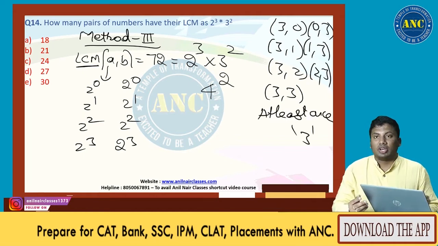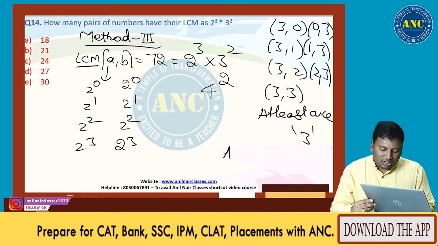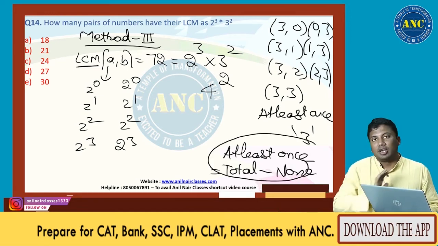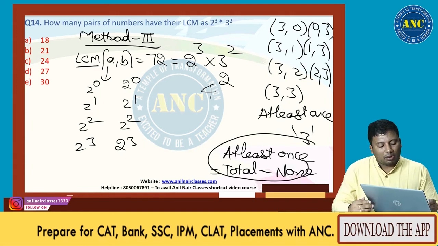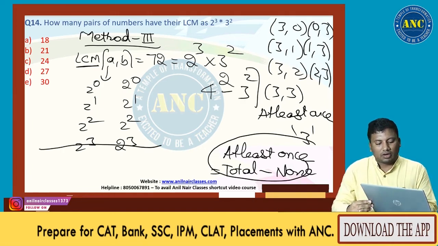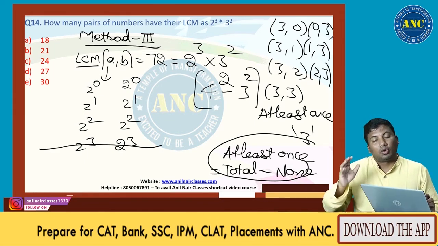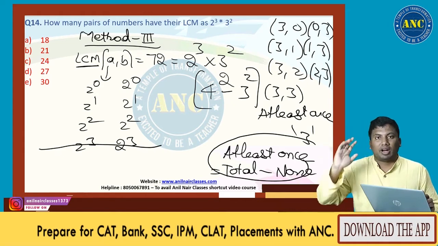At least once is nothing but total minus none. None means power 3 should not be taken. If I don't take 3, it is 3 into 3, 3 square. So 4 square minus 3 square, 16 minus 9 is 7. Total, all the powers of 2, minus do not take power of 2.